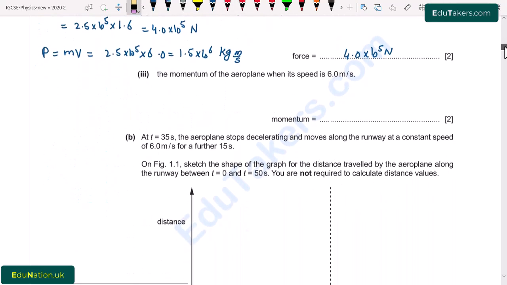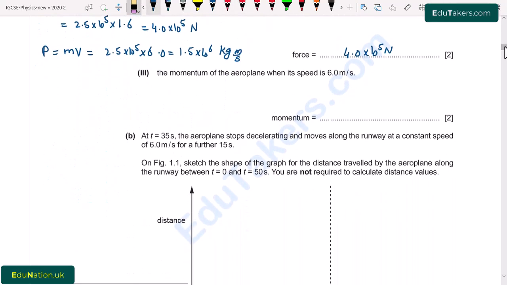So I write here 1.5 × 10^6 kilogram meters per second. We also write it as newton second because the other unit of momentum is newton second. It's your choice.